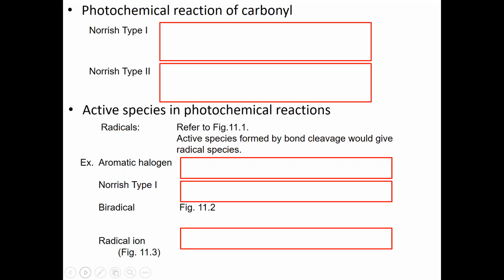There are two types of typical photochemical reactions of carbonyls, called Norrish type 1 and Norrish type 2 reactions. In the Norrish type 1 reaction, it's like this.